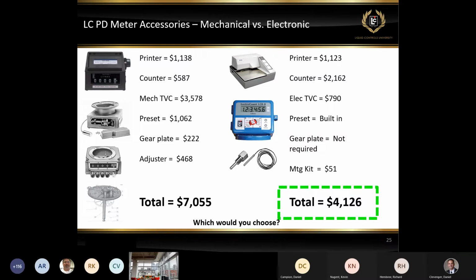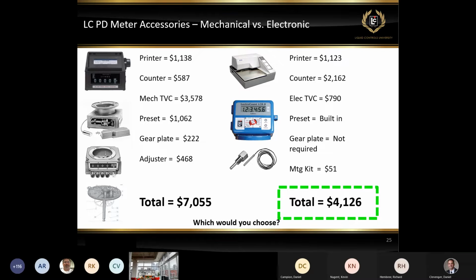To do the same thing electronically with a printer, counter, ETVC kit, the preset being built in, no gear plates required, and the mounting kit for a temperature probe is $4,126. The dependability of the electronic temperature compensation, the high-speed response to the temperature changes of the product, it outweighs anything that the mechanical temperature compensation can do, and it's less expensive.